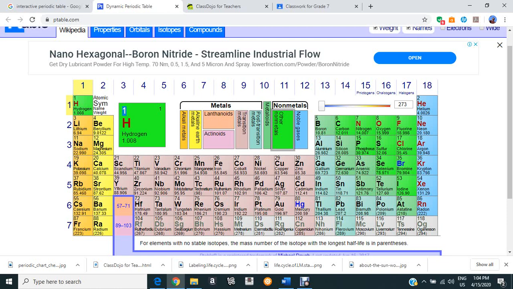Now, what is this? This is how the elements are arranged in three groups, as you may see: metals, metalloids, and nonmetals. Notice, when I hover over metals, all those are metals.